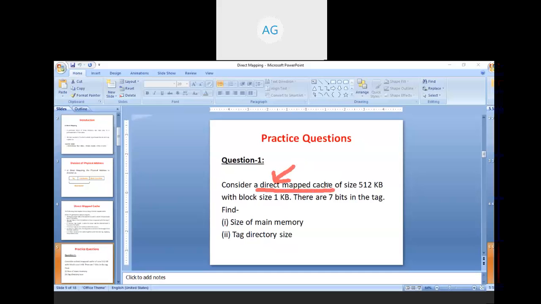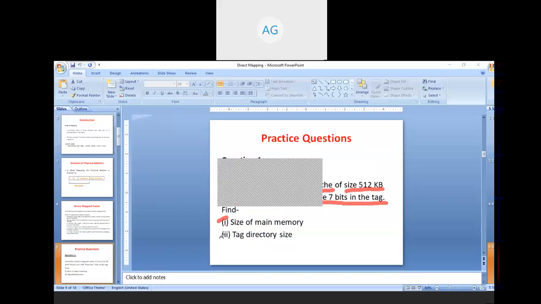So consider a direct mapped cache of size 512 KB with block size 1 KB. There are 7 bits in the tag. So find the size of the main memory and the tag directory size. So only 5 minutes are there, so we just need to solve this numerical.